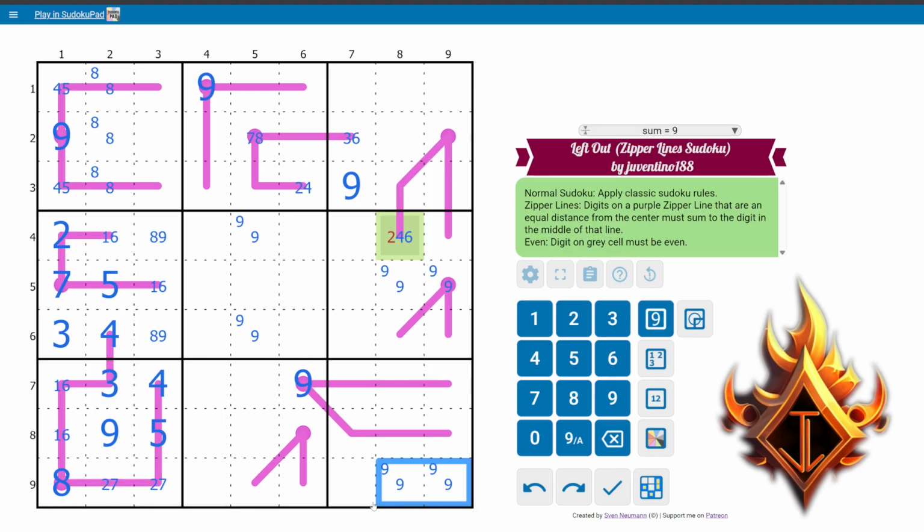So there's going to be a set of 9 down here as well. It cannot be 7, 2. It cannot be 1. It'll be 6, 3 or 5, 4. Which either I think could work.